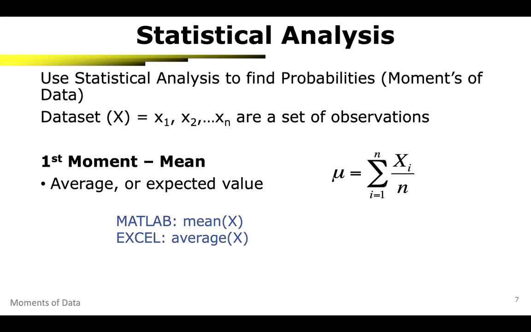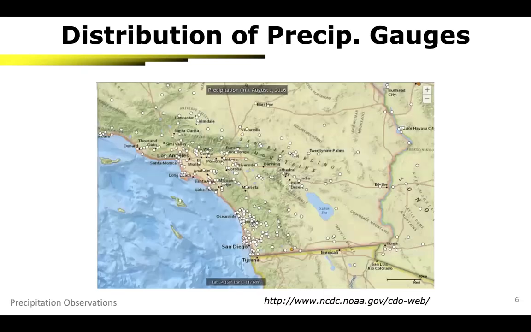So what we would typically do is we would get an estimate of our precipitation using statistical analysis. So the statistical analysis finds probabilities or moments of data. And so the examples I'm going to show you are kind of just random observations. So let's say we collected precipitation observations at this site over a series of time.